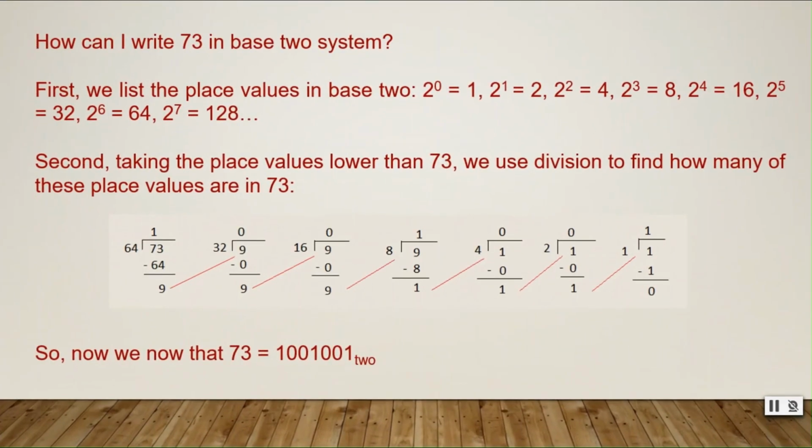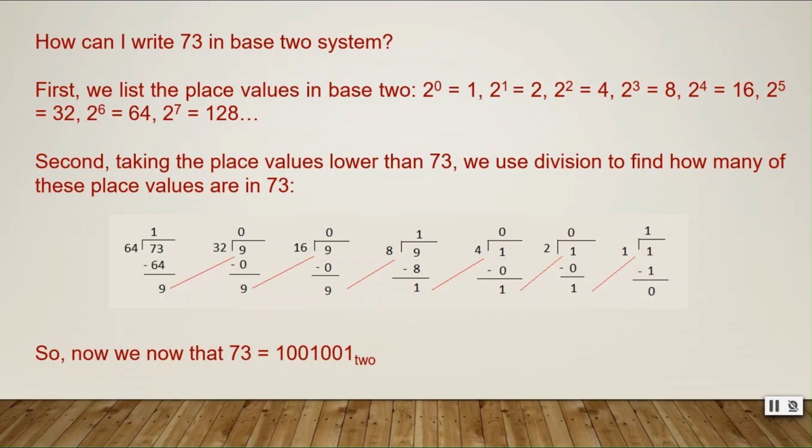How can I write 73 in base 2? If we want to write the number 73 in base 2, the first step is to list the place values in base 2. Those are 2 to the 0, that is 1, 2 to the 1, that is 2, 2 to the second, that is 4, 2 to the third power, that is 8, 2 to the 4, that is 16, 2 to the fifth, that is 32, 2 to the sixth, that is 64, 2 to the 7, that is 128.